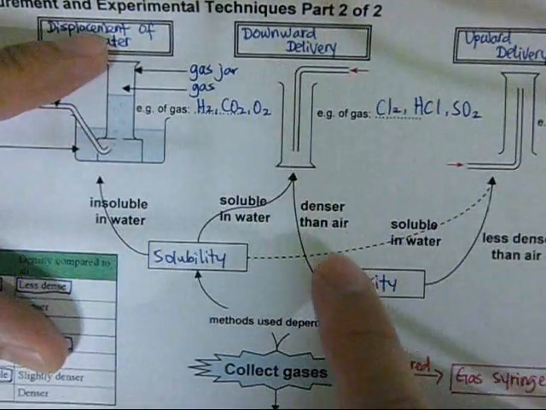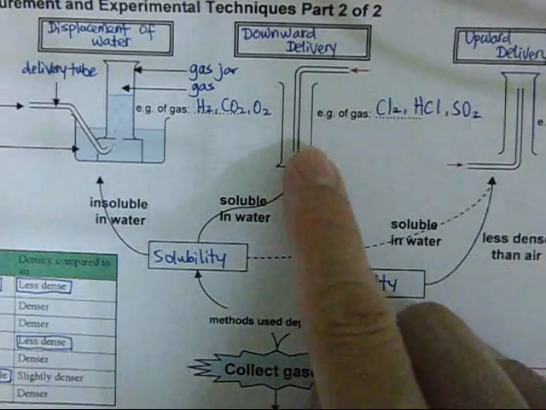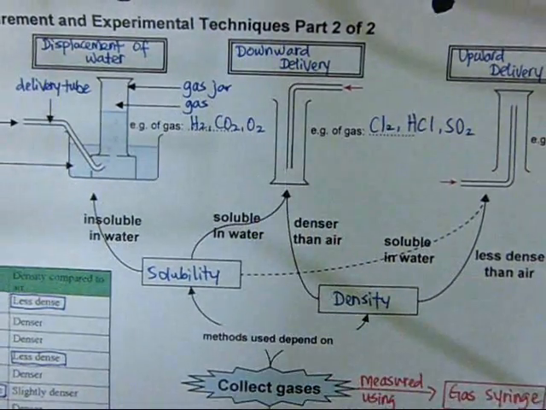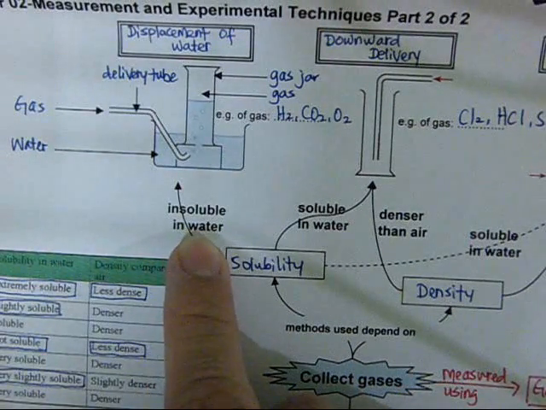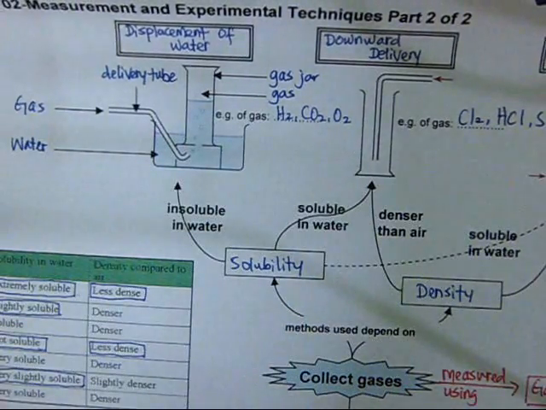Downward delivery is for gases which are denser than air and soluble in water. And for the displacement of water method, only gases which are insoluble in water can be collected using this method.